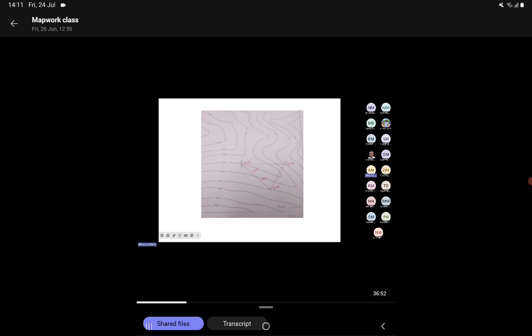Then you measure the distance with your ruler. Let's say you're getting about 9 centimeters. Then from that 9, you ask, how many points do I need to move?